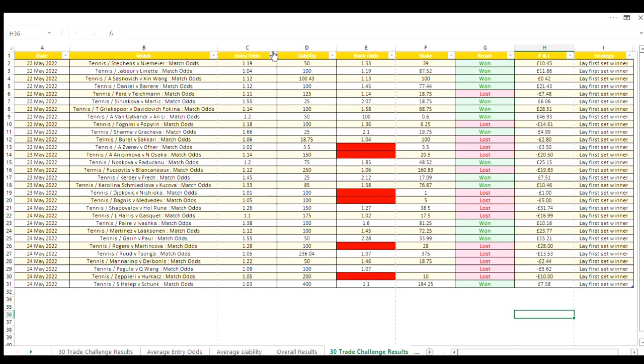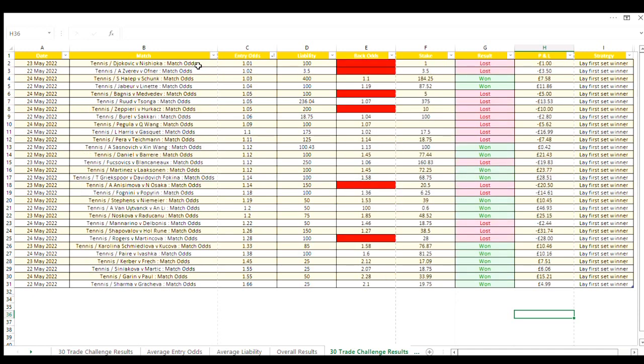I basically put a filter on the entry odds because I wanted to see the results in relation to the entry odds. So what I did was I sorted it from smallest to largest, and now you can see it doesn't matter which date the trade was done on, or which trade it was.